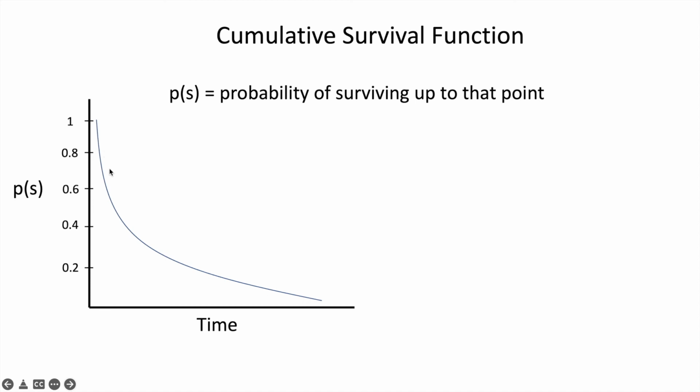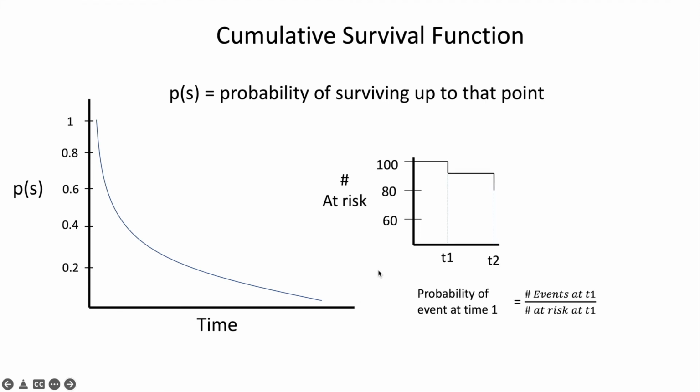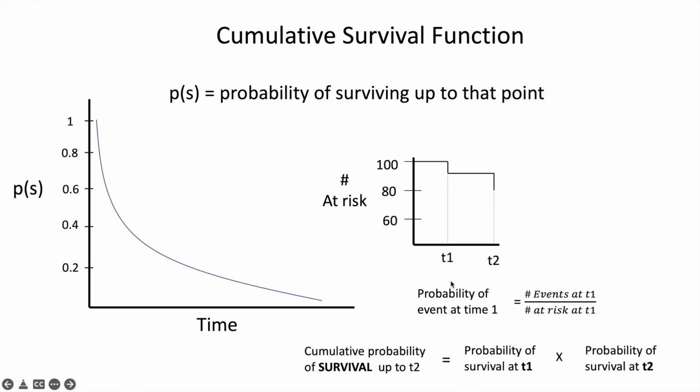This is a smooth version of what I talked about with Kaplan-Meier, where we have the number at risk and the probability of the event at time 1 and time 2, and the probability of survival being 1 minus this probability of event. And because the probability of survival at each of these times, say this is probability of survival at time 1 is like 0.9, and then at time 2 it's 0.8, these are all less than 1, so you're multiplying things together that are less than 1.